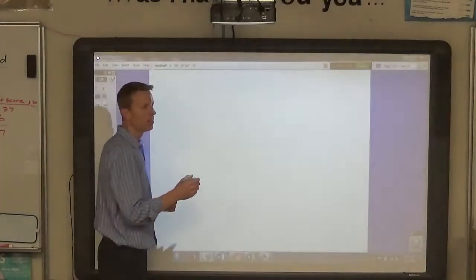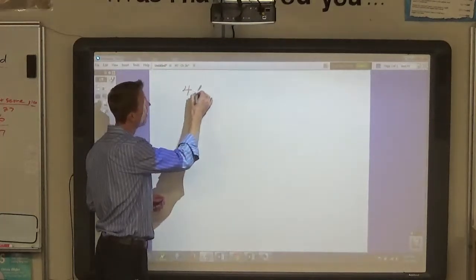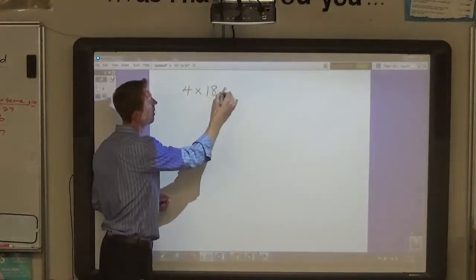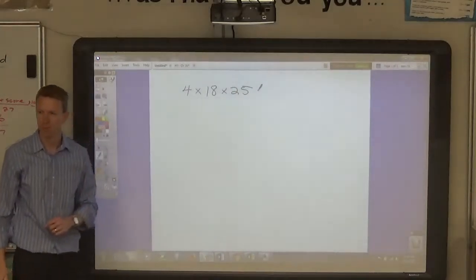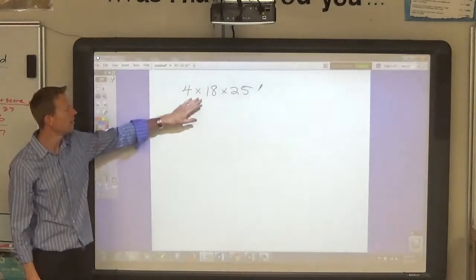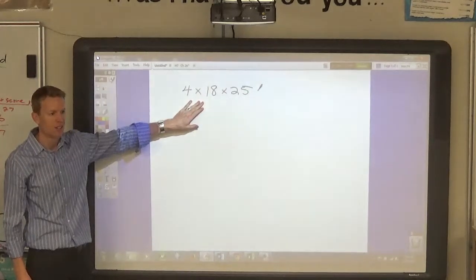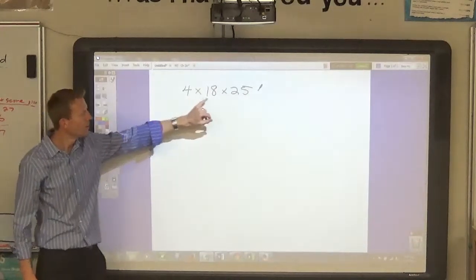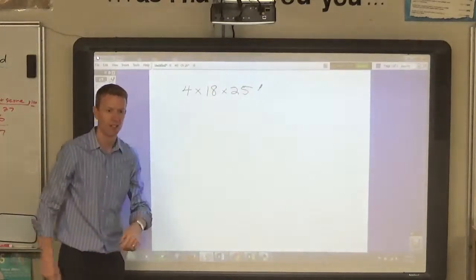So, for example, if you had a problem like this, 4 times 18 times 25, okay? How could you use one of the properties to solve this more easily? Carson? Yeah, switch these 2 around, or actually switch these 2.